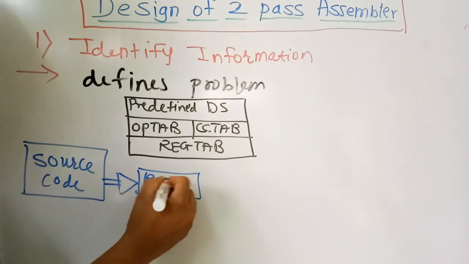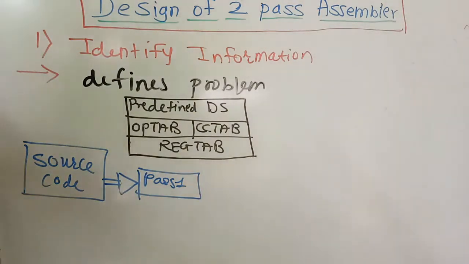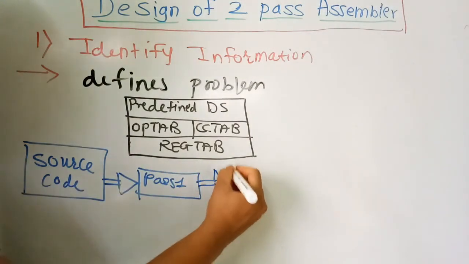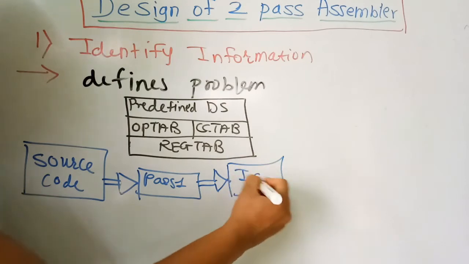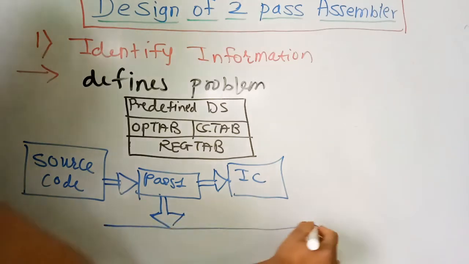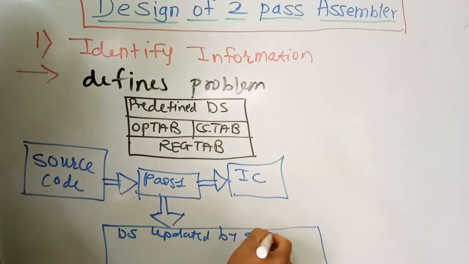After passing it to pass 1, it generates the intermediate code. In between, this pass 1 derives the different data structures, so the data structures are updated by the assembler.